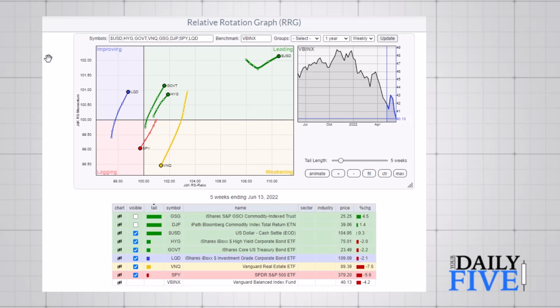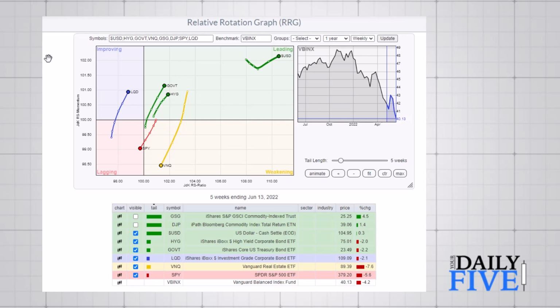SPY is already inside the lagging quadrant and VNQ is inside weakening, but rapidly moving towards the lagging quadrant. And if you look at the risk-off asset classes, which is all fixed income related, then you will find corporate bonds inside improving, government bonds and high yield already inside leading, which means that they are outperforming the balanced benchmark.